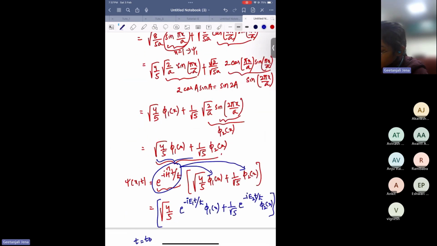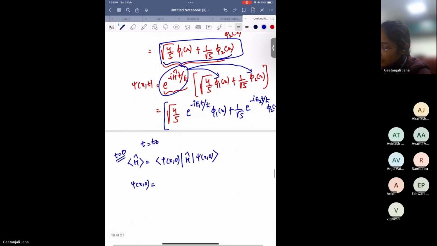This is the initial state: 2 by root over 5 phi 1 x plus 1 by root over 5 phi 2 x. Right?